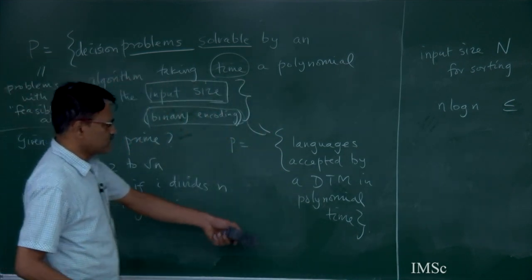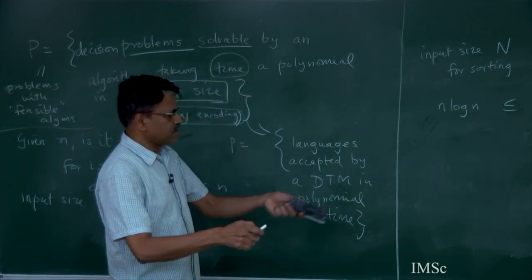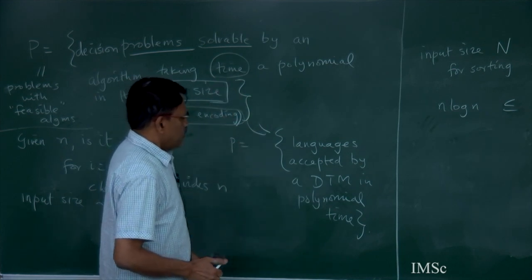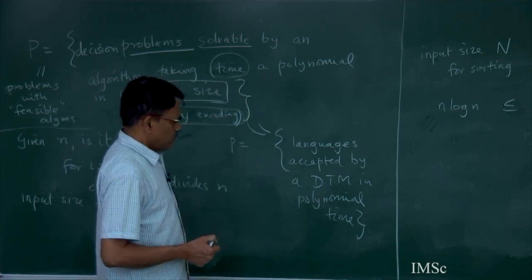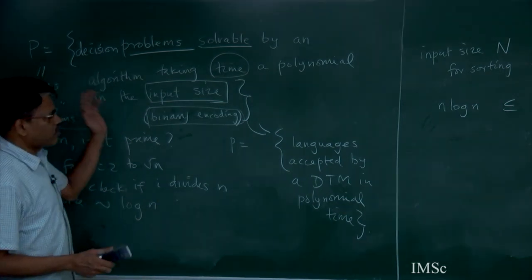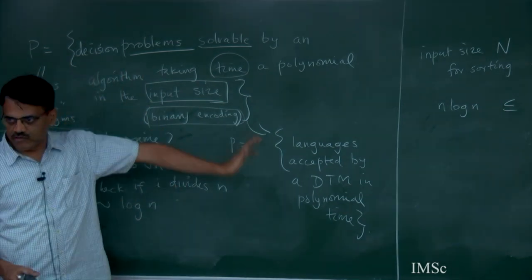Here again, polynomial time means time polynomial in the input size. Okay, same thing. So this actually gives a formal meaning to what a problem is, what solvable means, and so on.